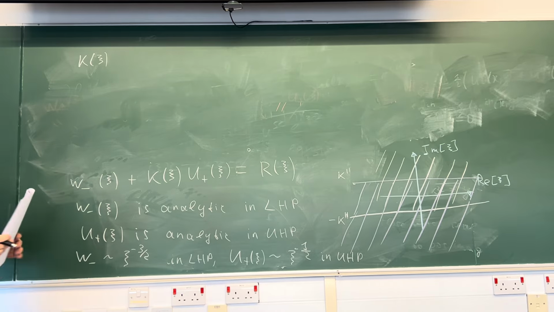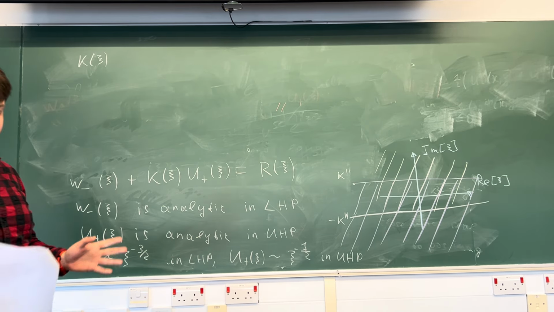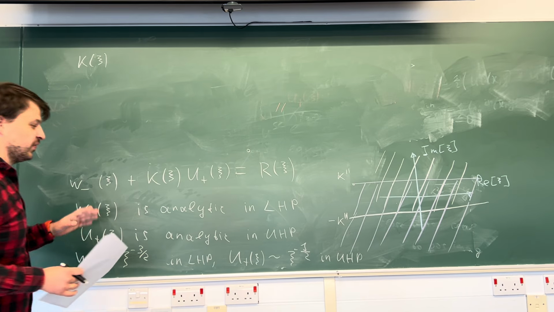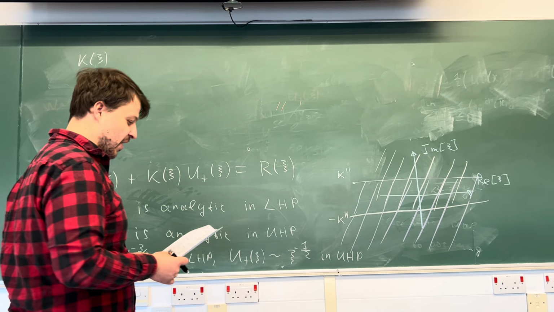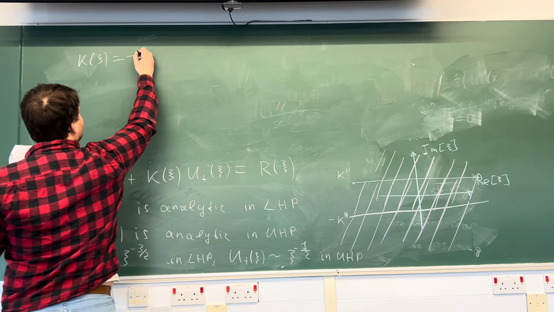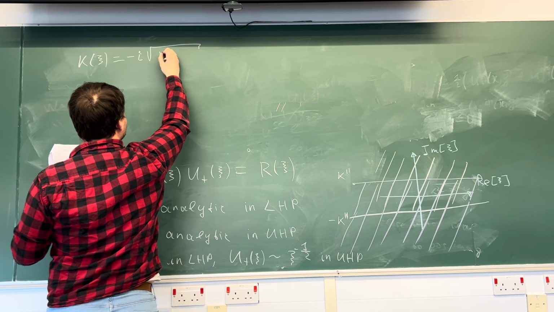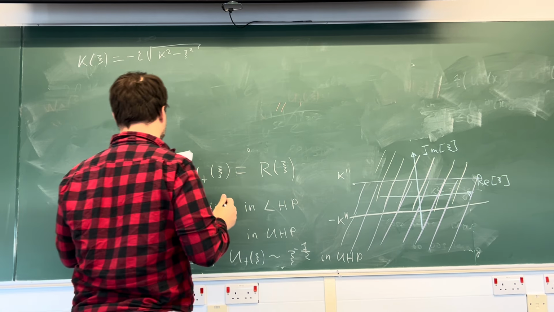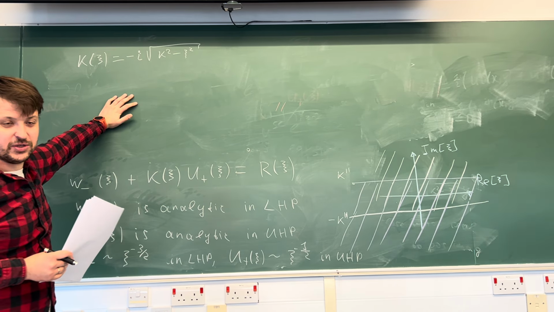I didn't start to solve the equation, I just discussed the analyticity properties of the functions we have here. Once we understand them, it will be quite easy to solve it. So our kernel is like this, and what can we say about it? It has two branch points.